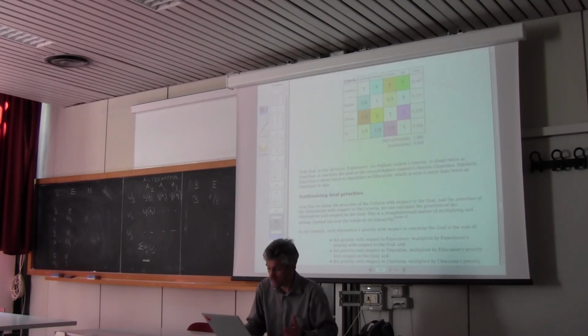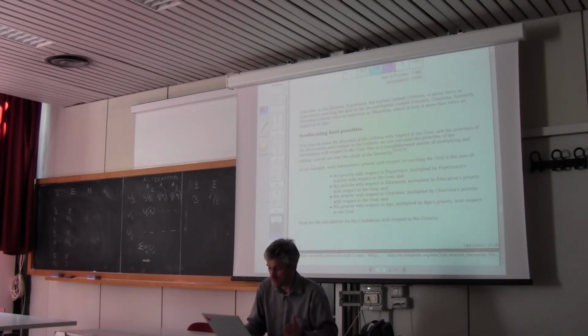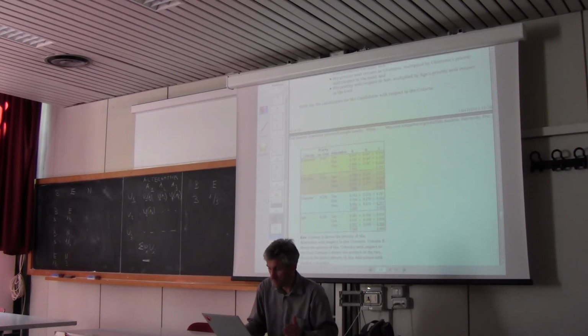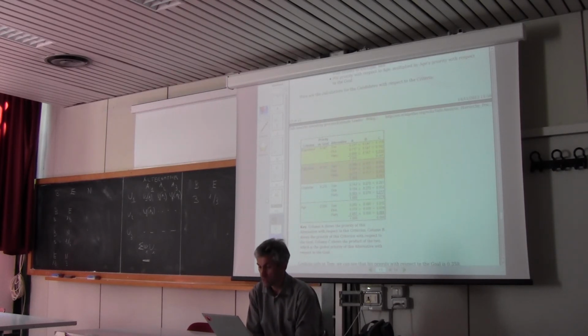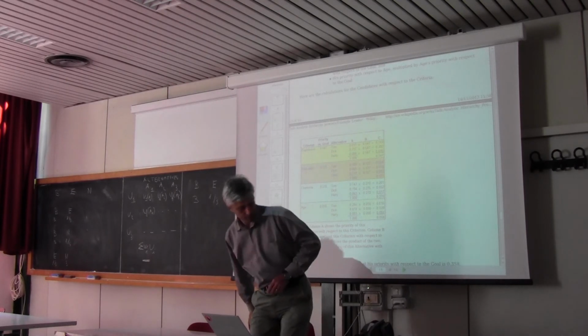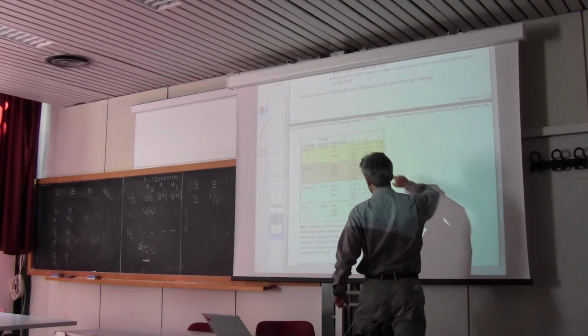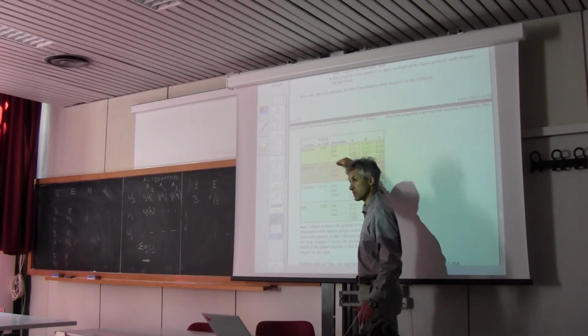So let's take the final synthesis, and here it is. So basically, the first row is experience, and then you have the 3 candidates with their evaluation and the weight. You see? Let's refer to the first row, experience.